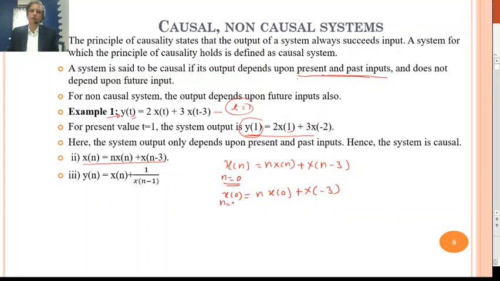For n = 1, this is x of 1 plus x of minus 2. Now for 1, minus 2 is the past value, and this is the present value, meaning the output depends on the present value and the past value. Hence the given system is a causal system.